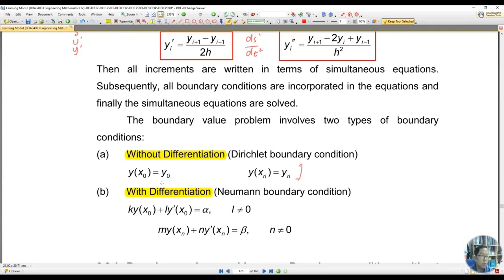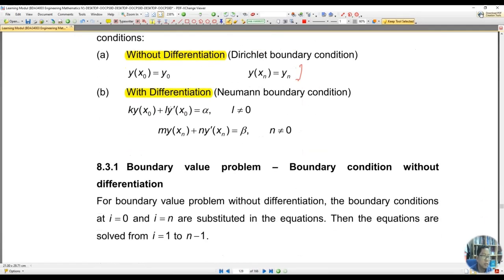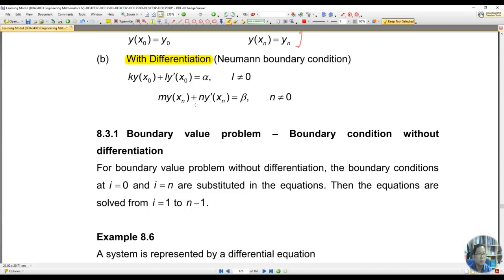In another video I will show you how to perform the problem involving differentiation, the Neumann boundary condition. In this video I only focus on without differentiation, with two examples. 8.3.1 is about boundary value problem with boundary condition without differentiation.